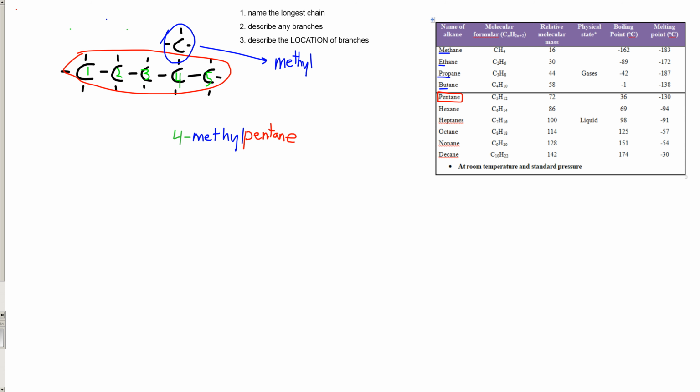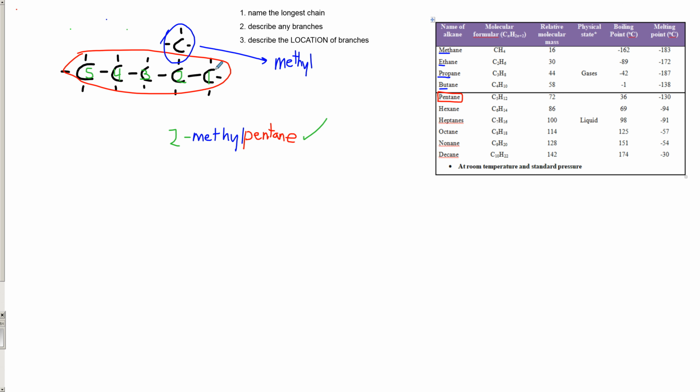If I number these the other way, 1, 2, 3, 4, 5, I get 2-methylpentane. And 2-methylpentane is the correct answer because it's got the lowest number for the branch.